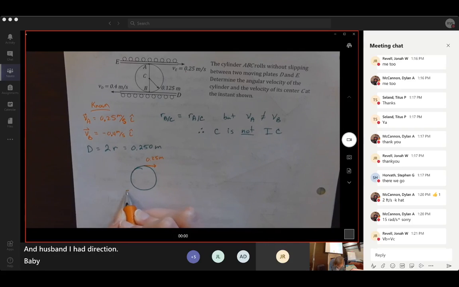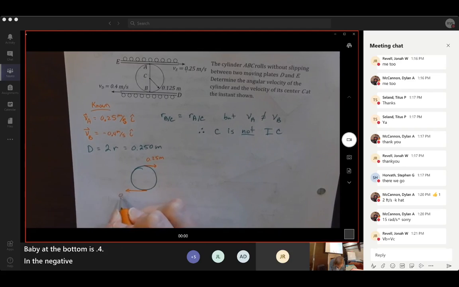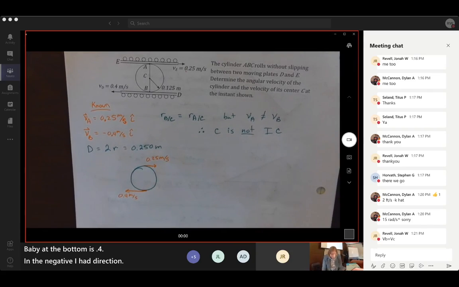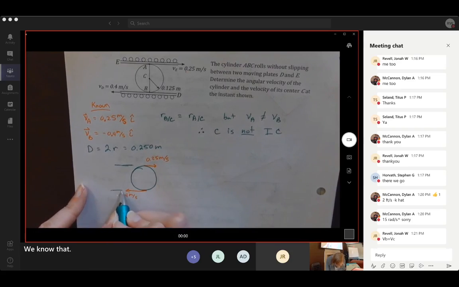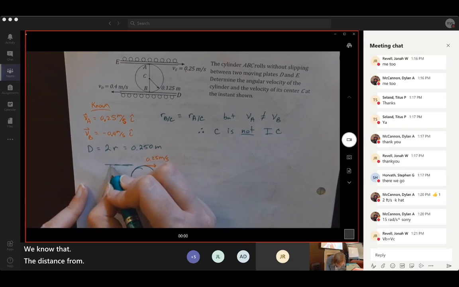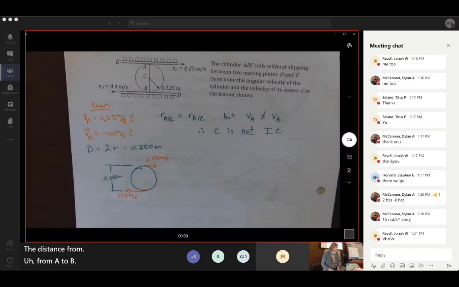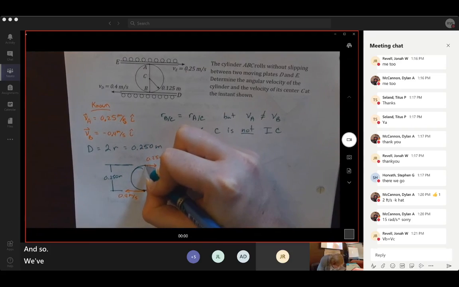VB at the bottom is 0.4 in the negative I hat direction. We know that the distance from A to B is 0.25 meters. Okay, and so we've got A and B.